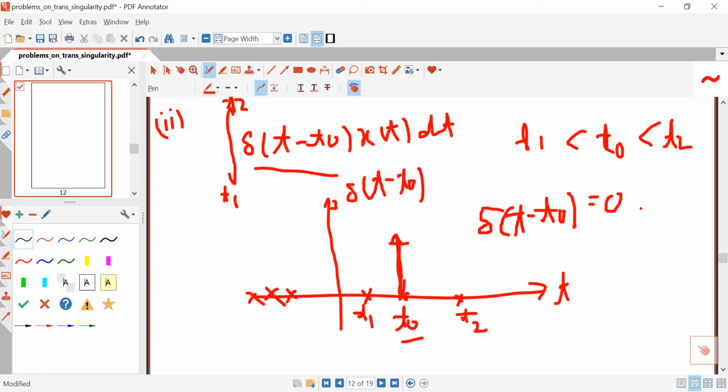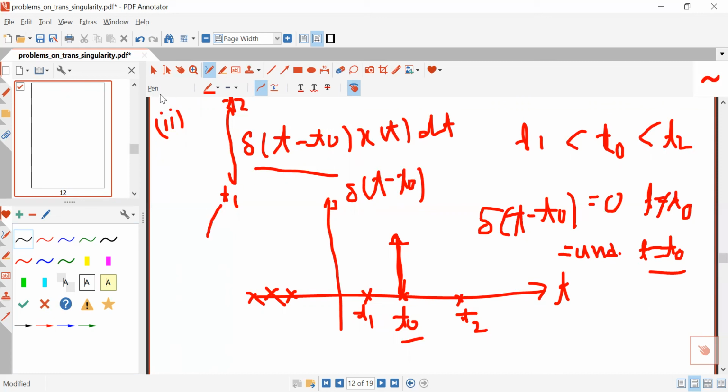And at t equal to t naught, it is undefined. So you must remember it. You cannot estimate the amplitude of delta t minus t naught at t equal to t naught. But except at t equal to t naught, everywhere this product will be 0.